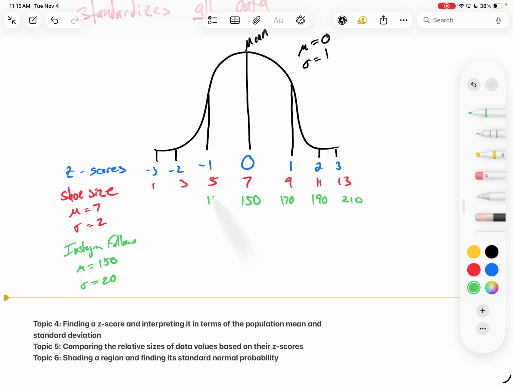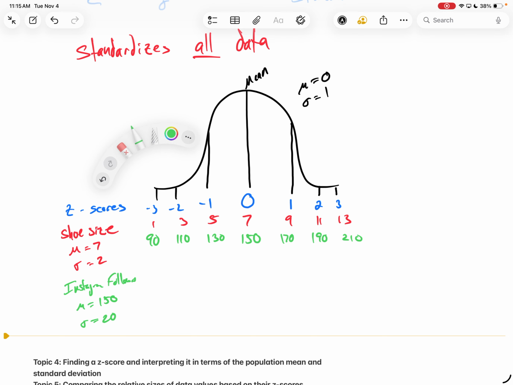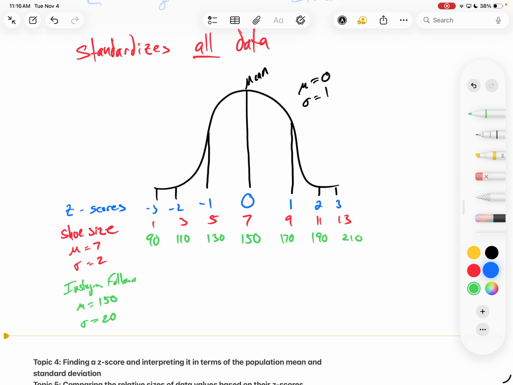Here I'd subtract 20, subtract 20, subtract 20. So this is what I mean by it standardizes data. The average shoe size may be a 7, but the average Instagram followers may be like 150, okay? But I can put them on the same graph because we can look at this and use our z-scores and it standardizes over there. A shoe size of 9 would have a z-score of 1, right? Would have a z-score of 1.